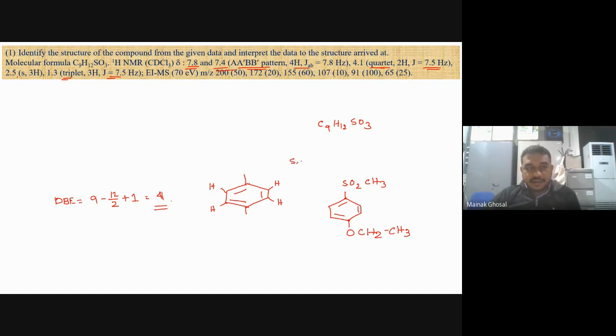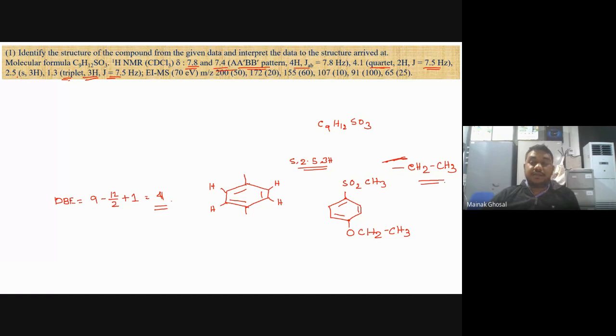For the singlet at 2.5 of 3 hydrogens, what could be possible? Before going there, I'd like to tell you that you see a 3 hydrogen triplet and a 2 hydrogen quartet. I told you the same thing. This is nothing but an ethyl group, CH2CH3.